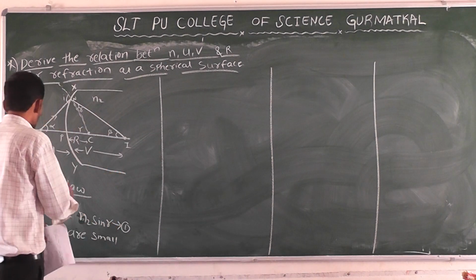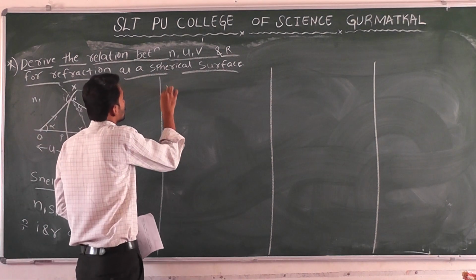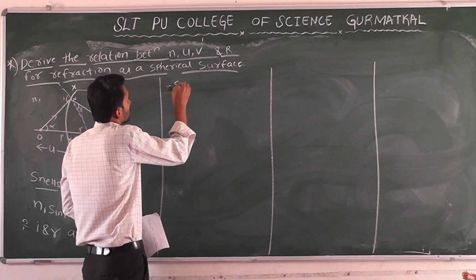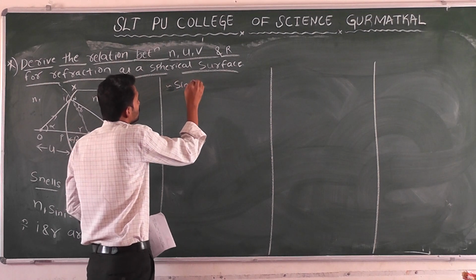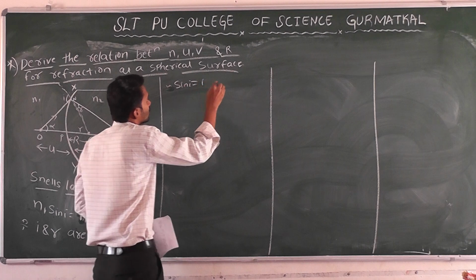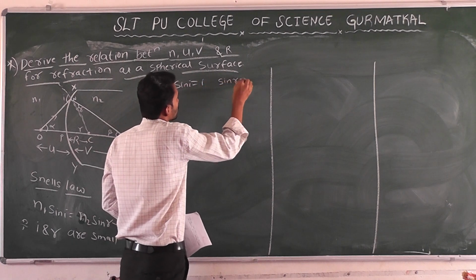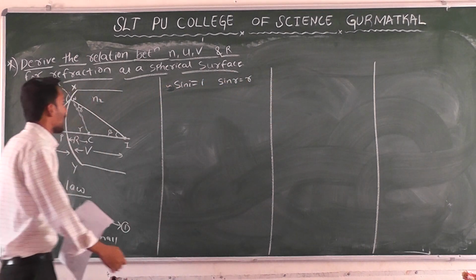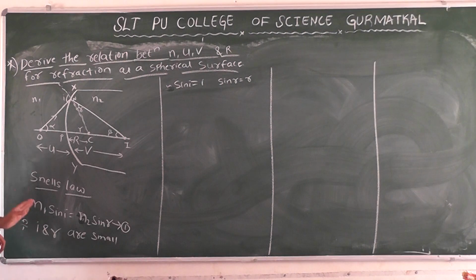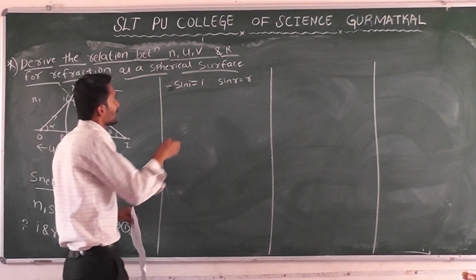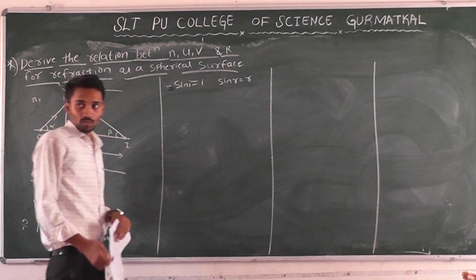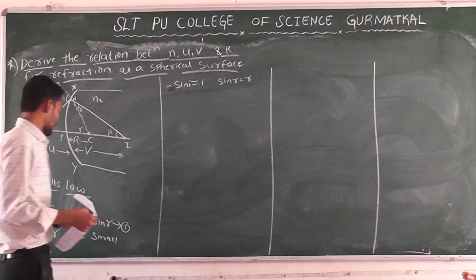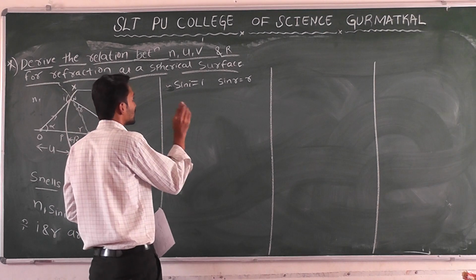So we take sin i equal to i and sin r equal to r, because both angles are very small for paraxial rays.